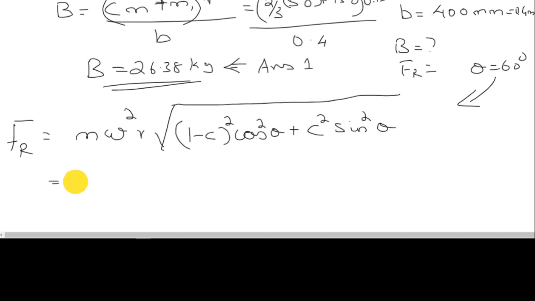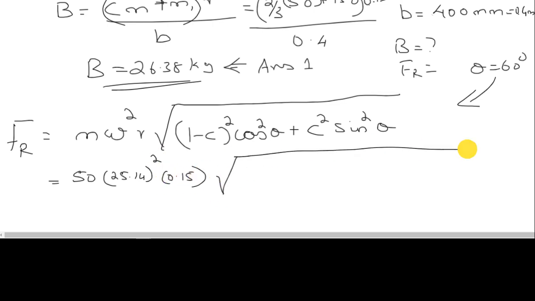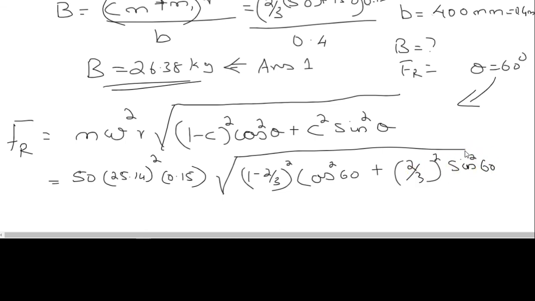So if you put in m into omega, 25.14 square, r is 0.15, and square root of (1 minus (2/3) square) times cos square 60 plus (2/3) square and sine square 60, and if you find the answer, you will get the resultant unbalanced force as 2849 Newton, or approximately 2.85 kilonewton.